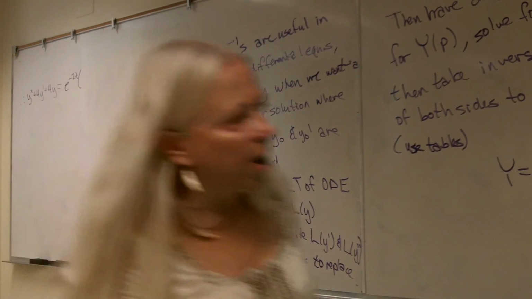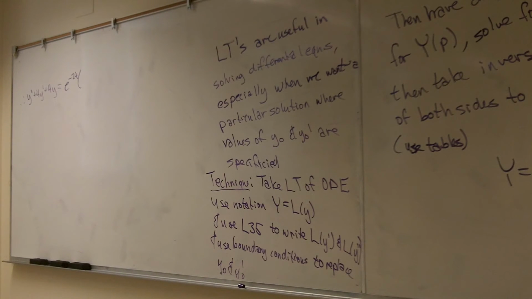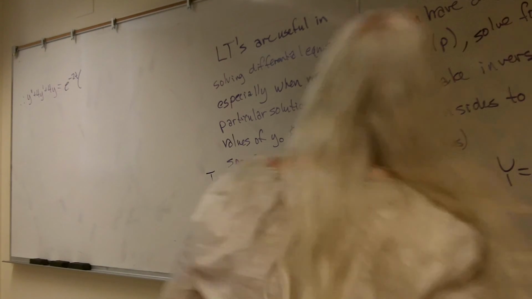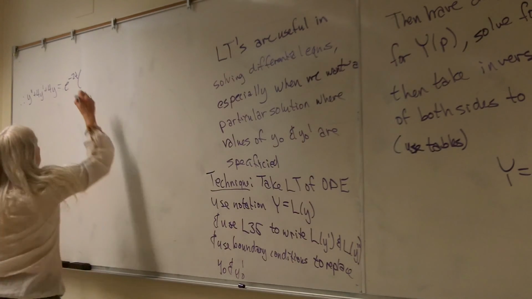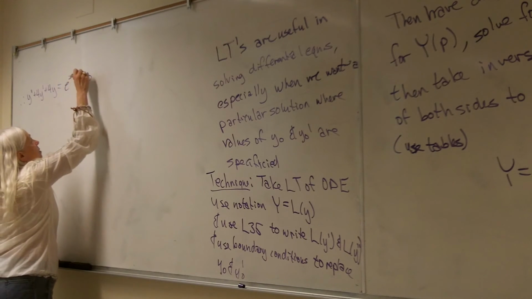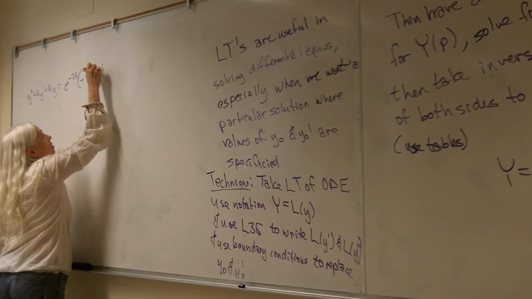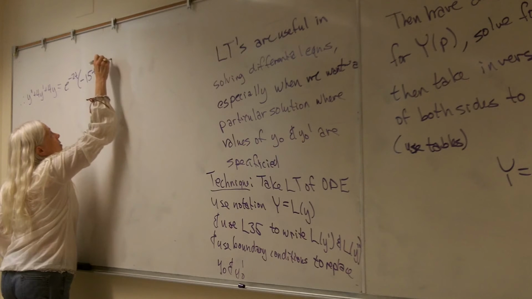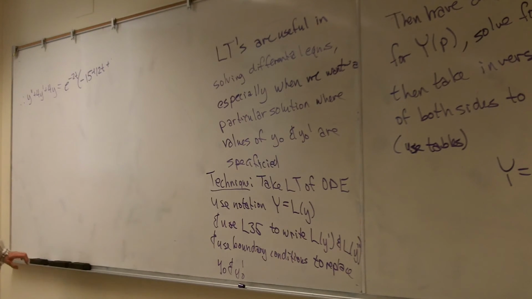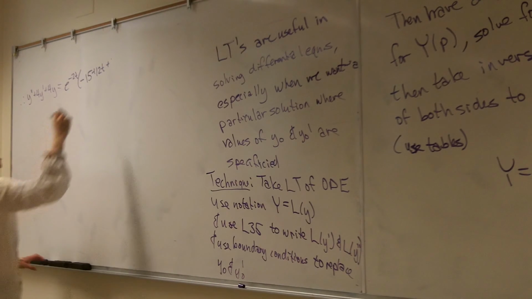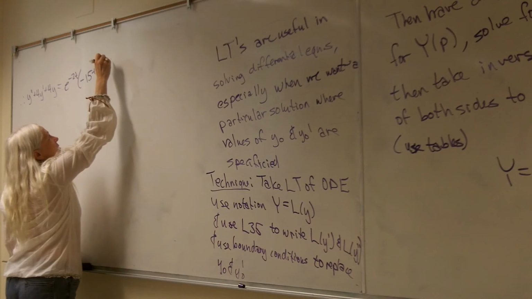So we had an e to the minus 2t times the quantity minus 15 plus 12t plus 2t squared. What was the number there? 2t squared. Just t squared? 2t squared.